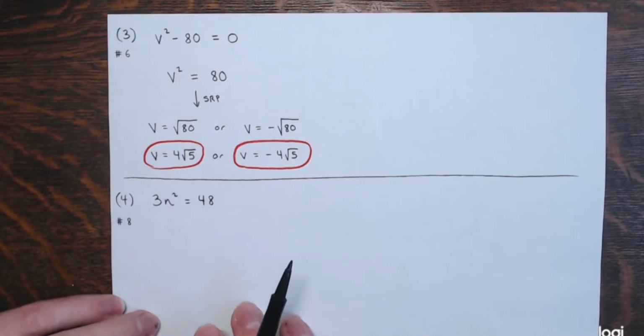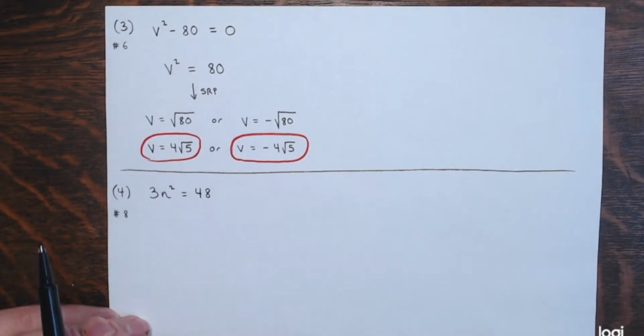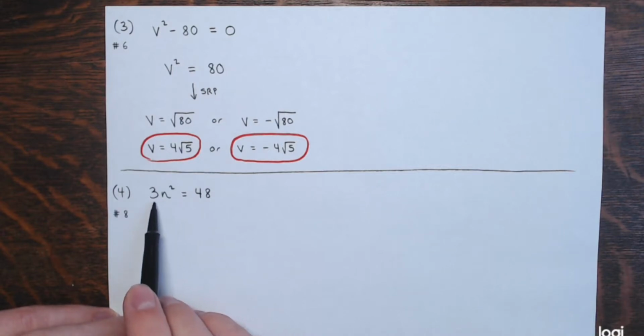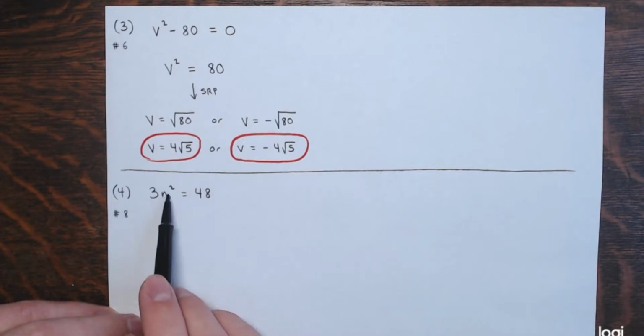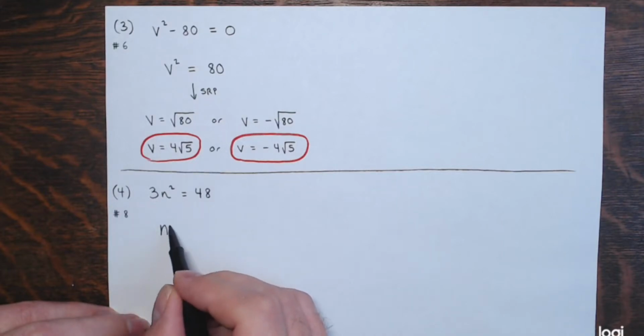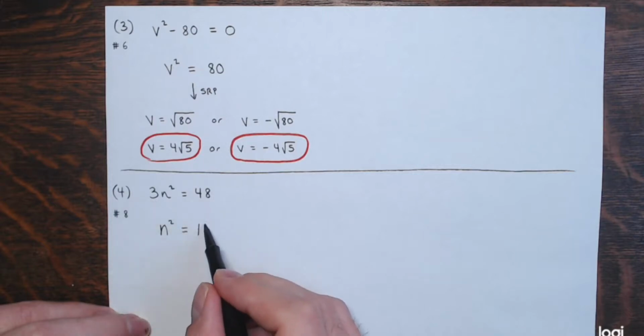All right, question 4, which is exercise 8 from the text. Yet again, I want to isolate the square. See the times 3. That's not good. All right, isolate the square. Get n squared alone. So I divide by 3 and have n squared equals, 48 divided by 3 is 16.